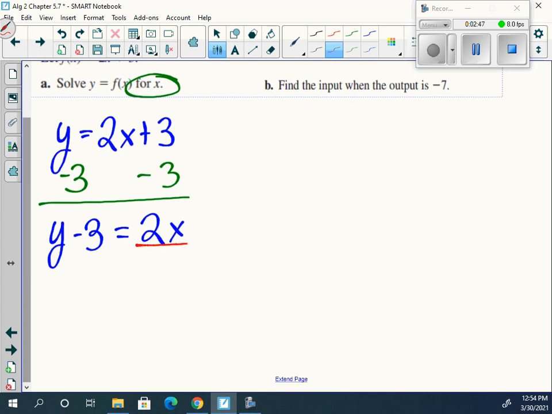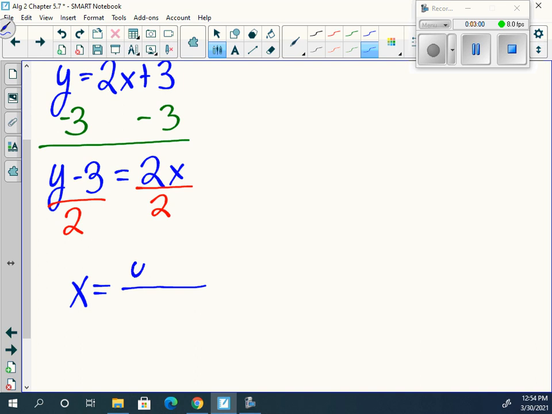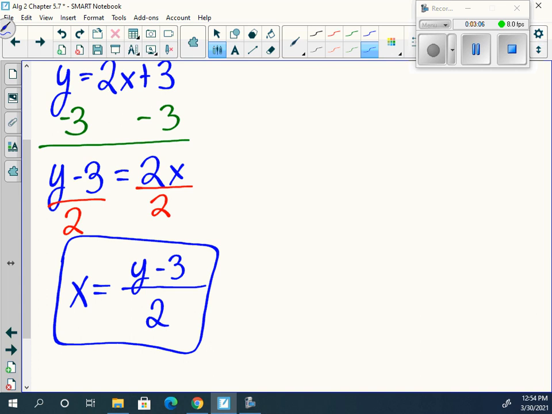And then we would divide by 2. And we would get x is equal to (y minus 3) over 2. That's it. We solved it for x.